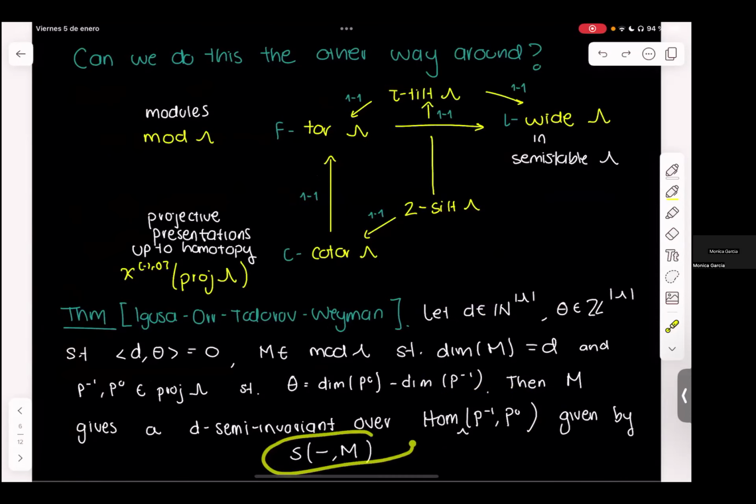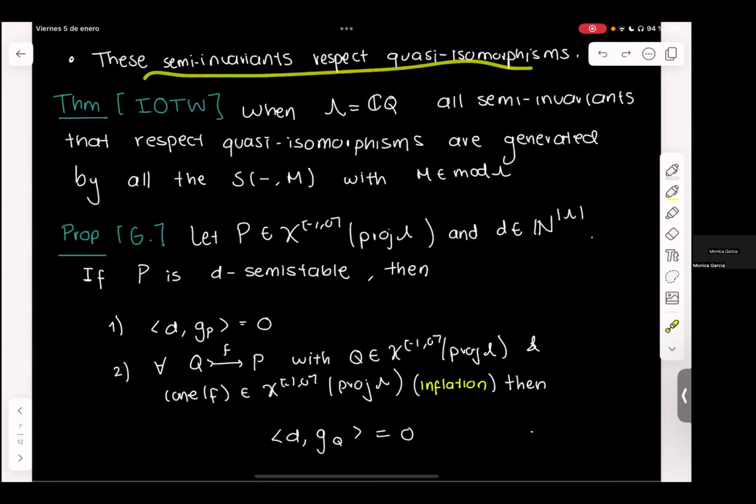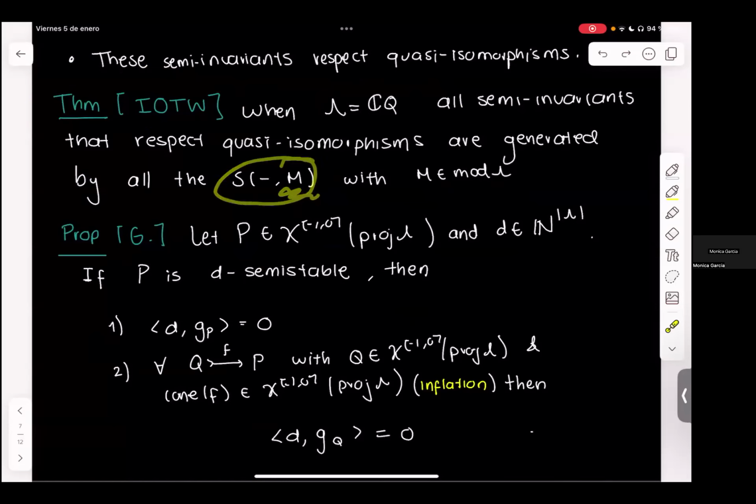Then this function, a determinantal semi-invariant, but now with M fixed, will also be a semi-invariant for a certain action over this variety. As we said before, these things respect quasi-isomorphisms, and another thing proved by these authors, stated in very rough terms, is that when the quiver is acyclic with no relations, all semi-invariants that respect quasi-isomorphisms of projective presentations are generated by the determinantal semi-invariants given by the modules.